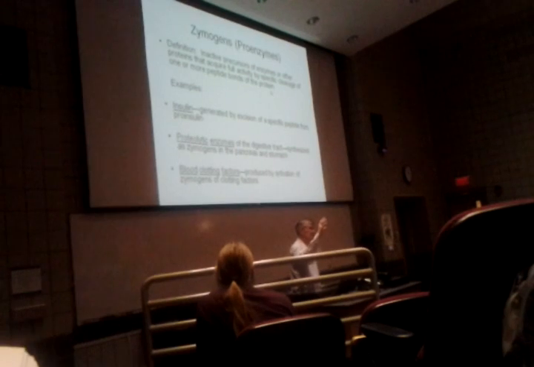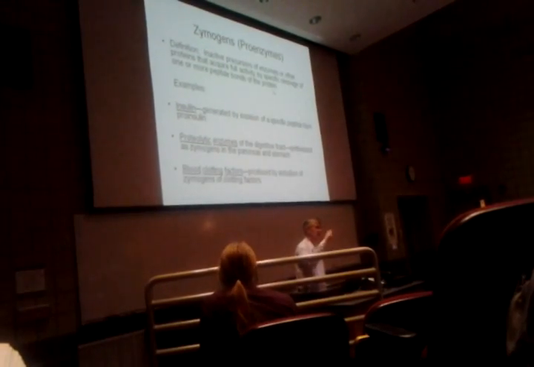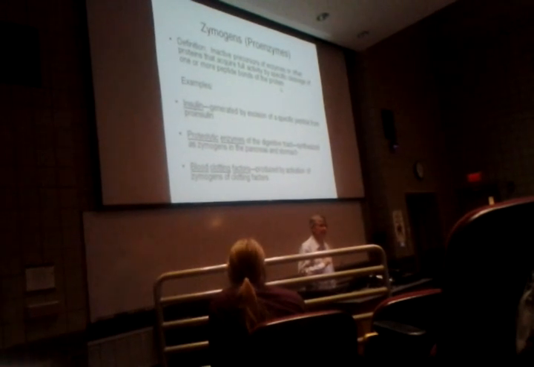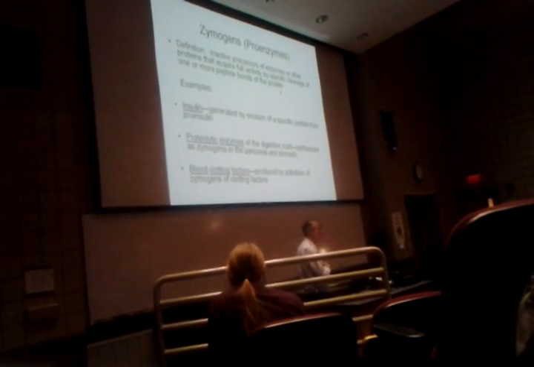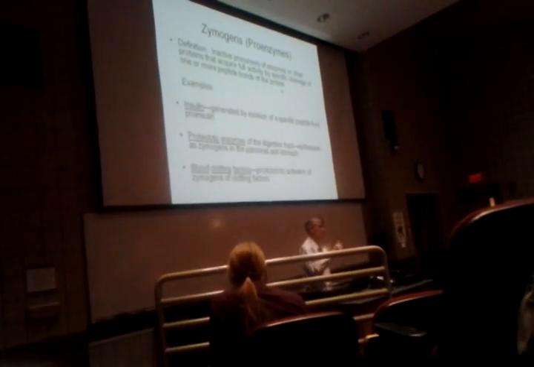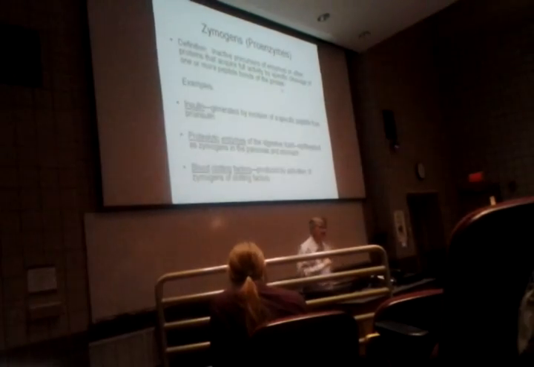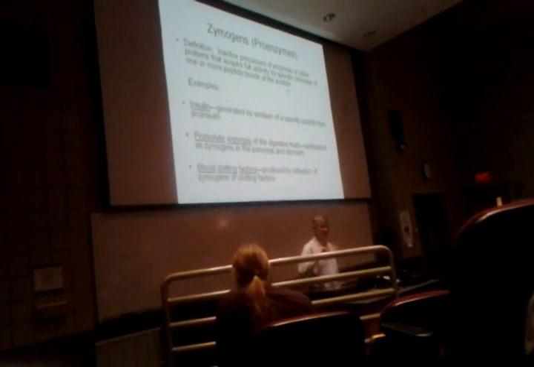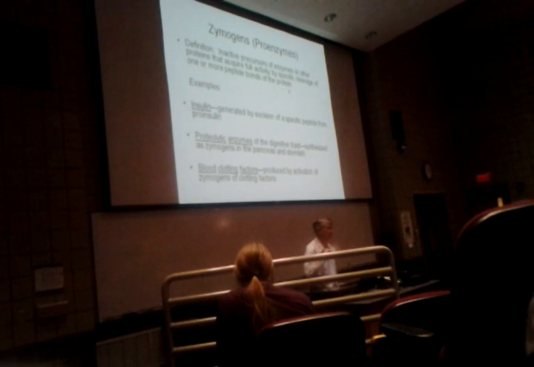You synthesize an enzyme in an inactive form, where you have an intact polypeptide chain, and then you activate it by partially breaking it down, by cutting one or two or a few of the peptide bonds of the several hundred that may make up that particular enzyme.